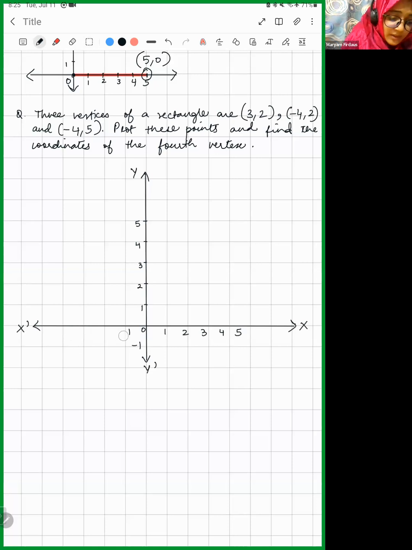I didn't have the graph paper. It's okay if you don't have a graph. If you don't have graph paper, you can just make it on a plain sheet of paper, in your notebook as well.